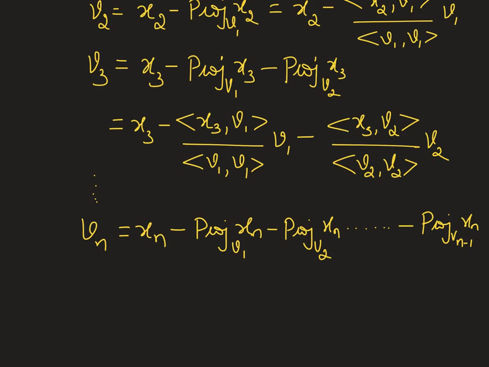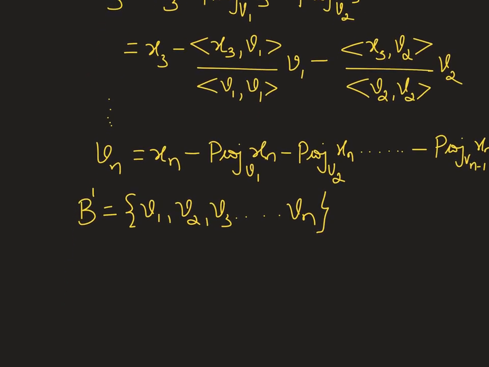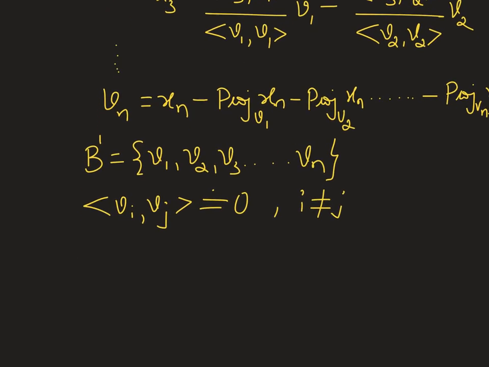So now we get the orthogonal vectors v1, v2, v3 and so on to vn. Now we have to orthonormalize them. Also, we have to check that the inner product of vi, vj for orthogonality should be equal to 0 for all i not equal to j.